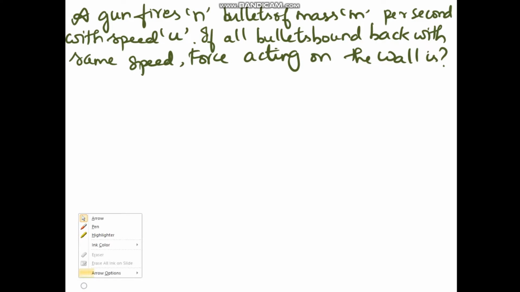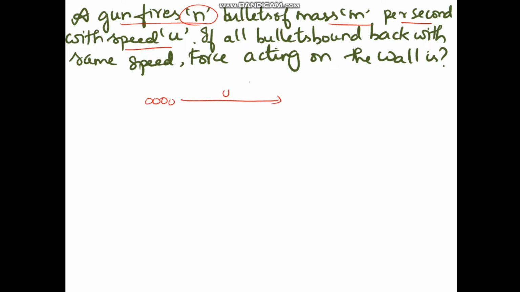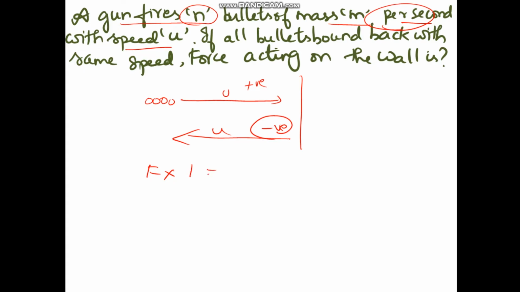Now let us see this question. This is a common type of question. A gun fires n bullets of mass m per second with speed u. So n bullets are fired with speed u, and this is the positive direction I am taking. All get reflected back with the same speed u. This I am taking as negative direction. So force into time, per second they have given, so 1 second, is equal to m into, since it is for n bullets, I am multiplying it by n.